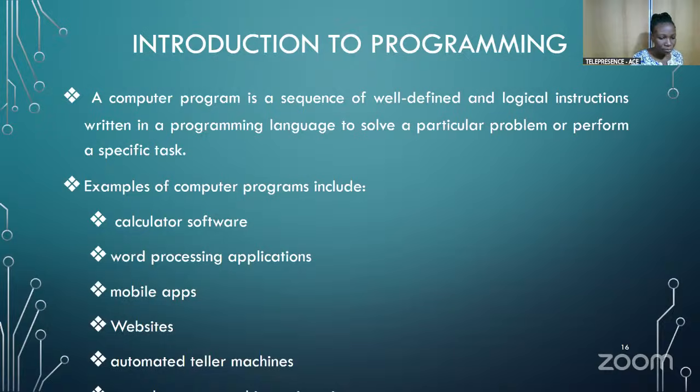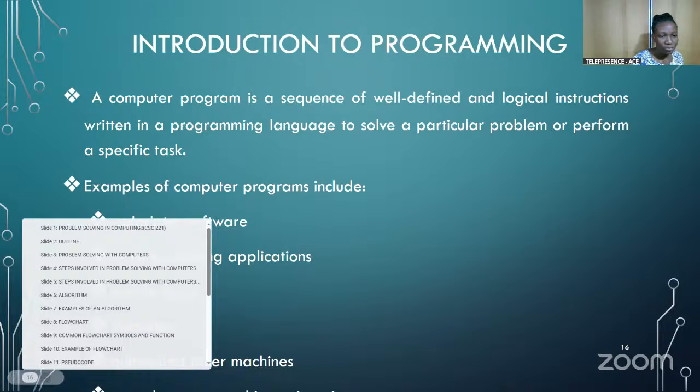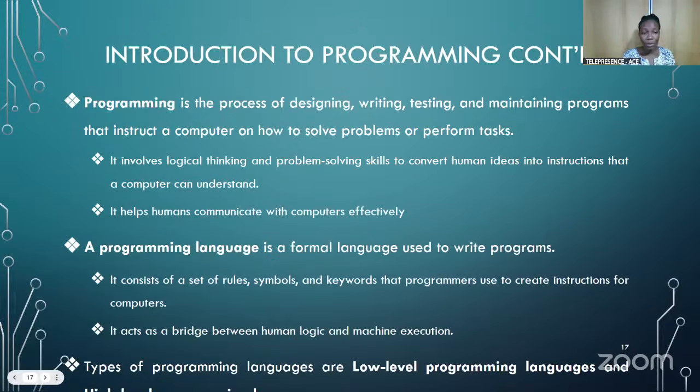Even your automated teller machine, ATM, runs on a particular program. Anything you see works on a particular program. Now, we have talked about a computer program being a sequence of instructions given to a computer, written in a particular programming language to perform a specific task.